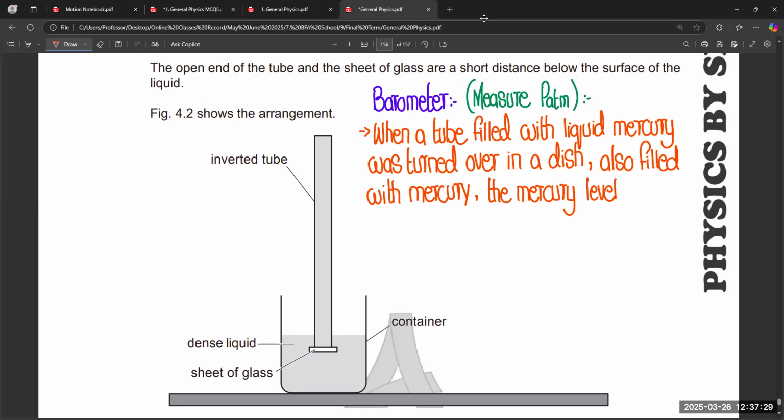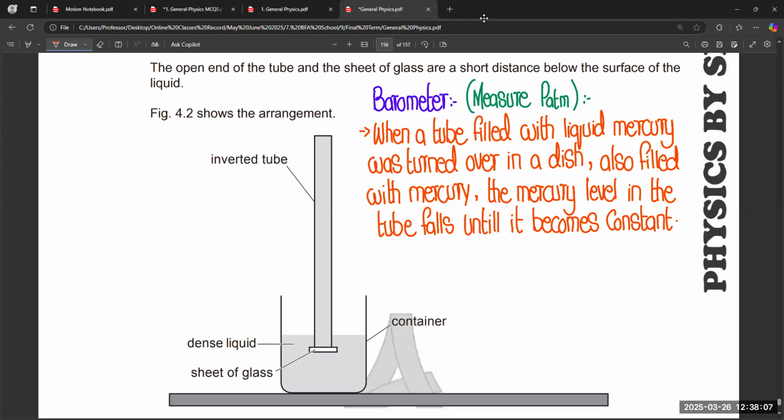When we remove that sheet of glass, the mercury level in the tube falls until it becomes constant. So the level of liquid starts to decrease in the tube and it stops when it becomes constant.